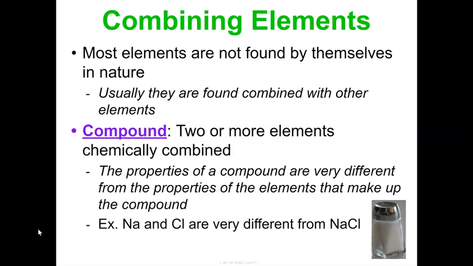And chlorine, in its natural state, is a greenish yellow gas. And when you combine them, meaning when they lose or gain an electron and form an ionic bond, what they form is a white crystalline solid. So the properties of elements are not the same as the properties of compounds.